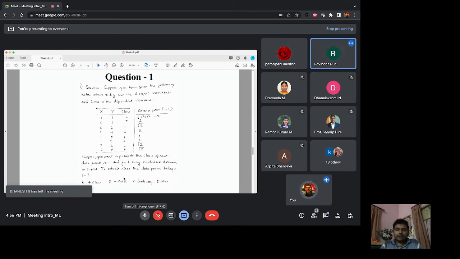Euclidean distance from the prediction point. Calculate the distance of the prediction point from all the available neighbors. Correct. Okay, so that I hope is clear to everybody.